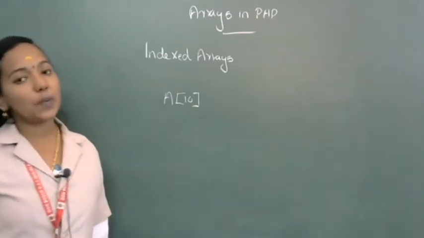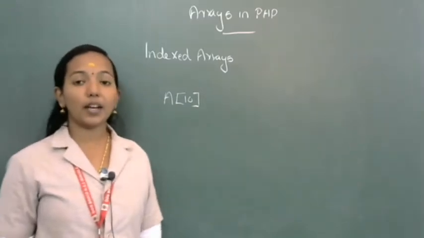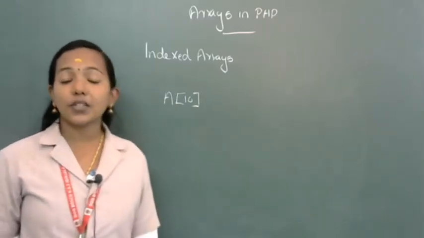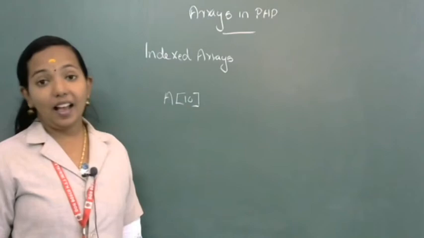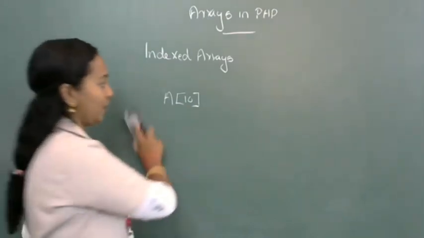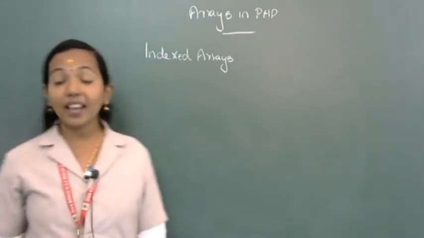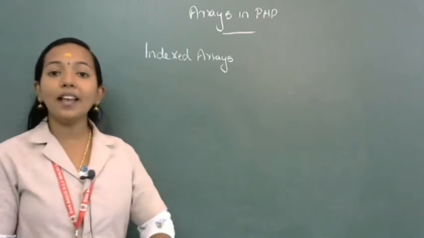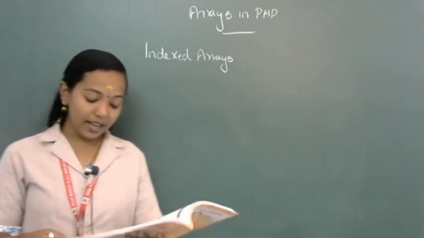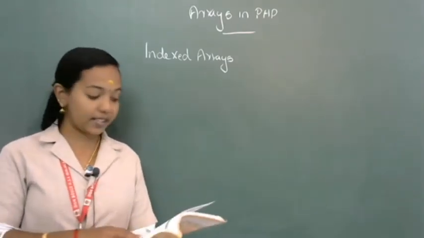But in a PHP array, instead of an index, we say an array consists of keys and values. The first array is the indexed array.